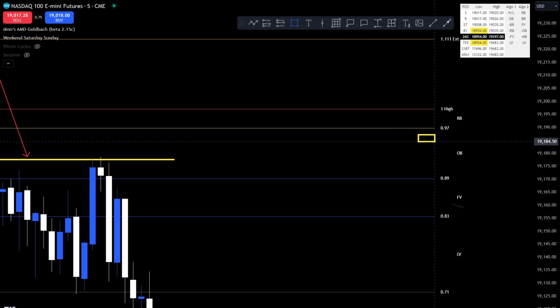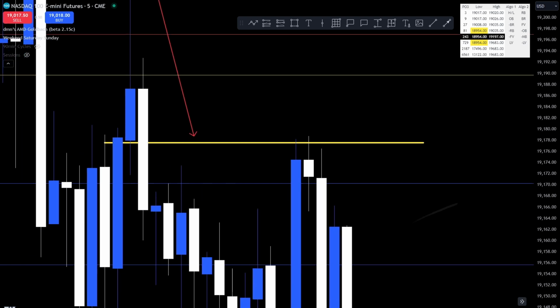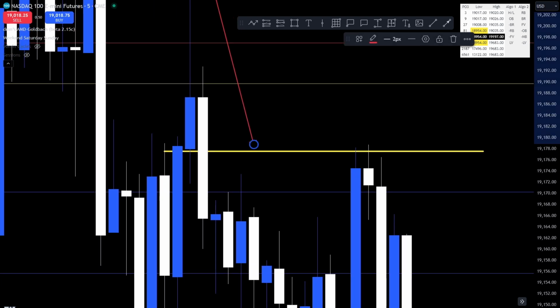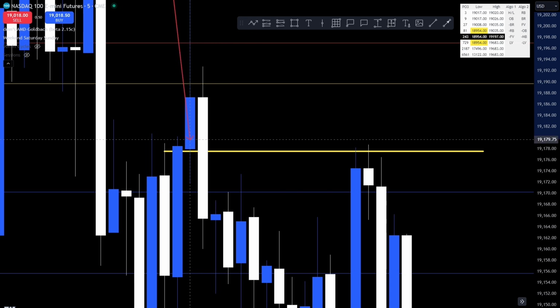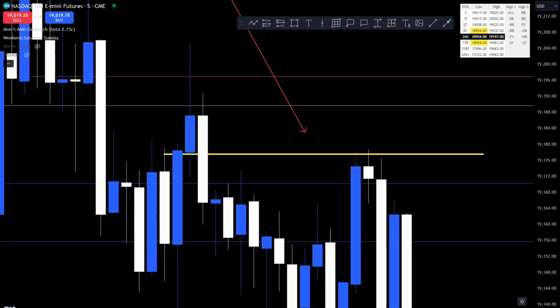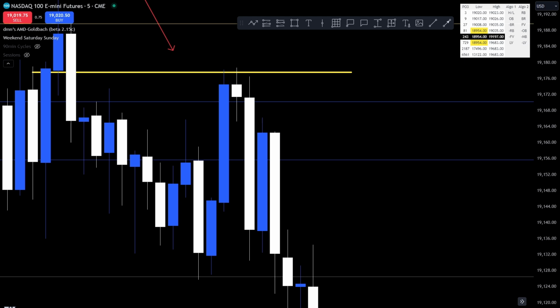Order block level, order block. How do you know where to find the real order blocks? It's in the right level. Where's your fair value gap? Let's get creative, right?